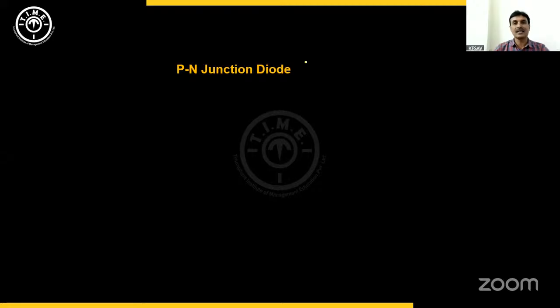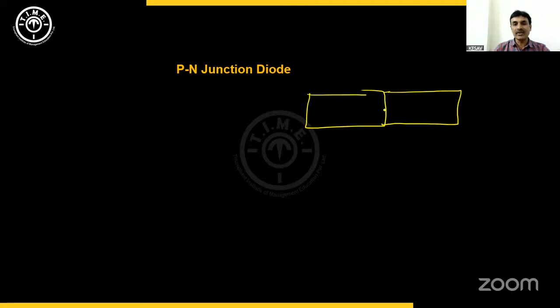Majority charge carriers are holes in a P-type semiconductor, whereas in an N-type semiconductor, we have negative charge carriers, electrons, as the majority charge carriers. Now, if a P-type semiconductor is properly sandwiched with an N-type semiconductor, this combination is called a PN junction diode.